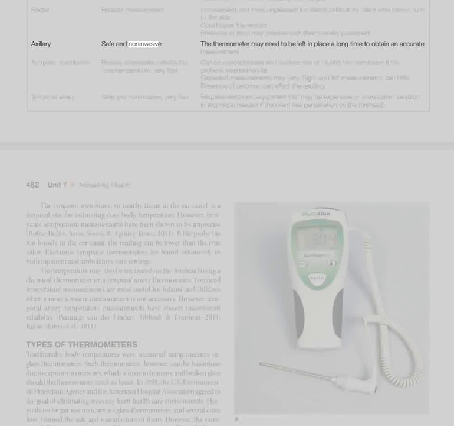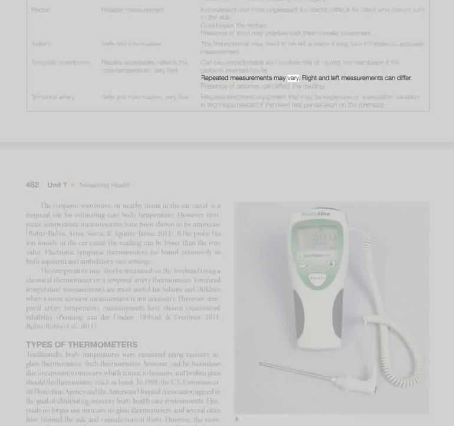Axillary: safe and non-invasive; the thermometer may need to be left in place a long time to obtain an accurate measurement. Tympanic membrane: readily accessible, reflects the core temperature, very fast; can be uncomfortable and involves risk of injuring the membrane if the probe is inserted too far.